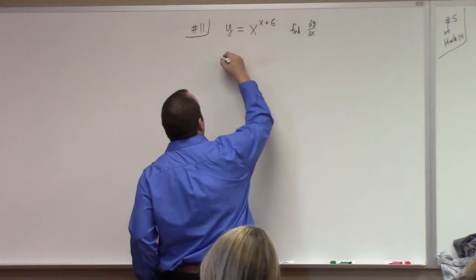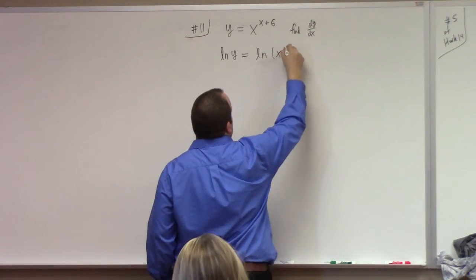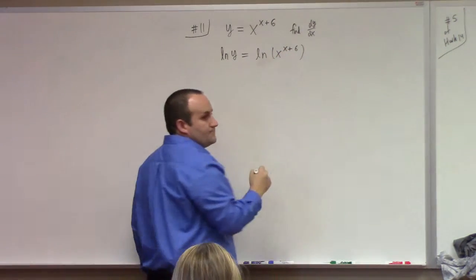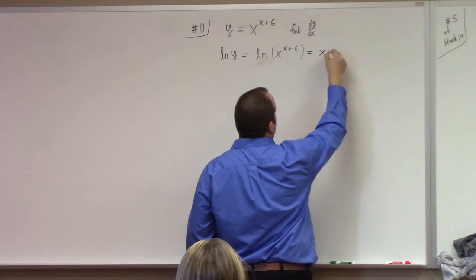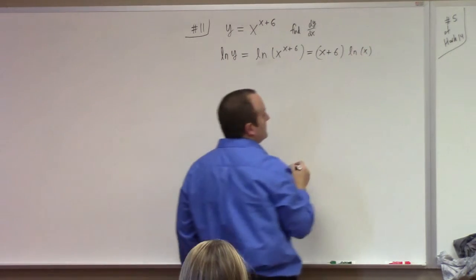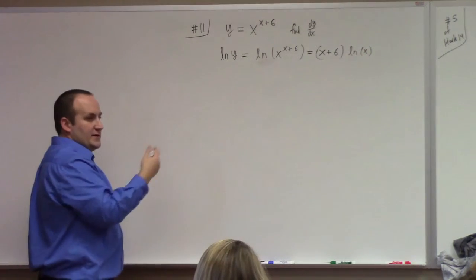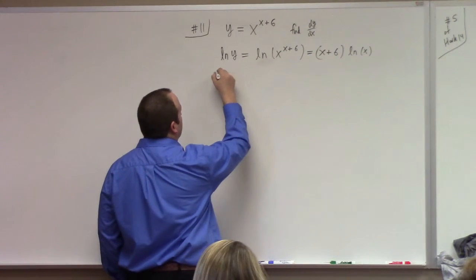Anyway, so the natural log of y is the natural log of x to the x plus 6. But then we use properties of logs, right? X plus 6 times the natural log of x. And then we're good, because we can differentiate both sides implicitly. So we'll do that.